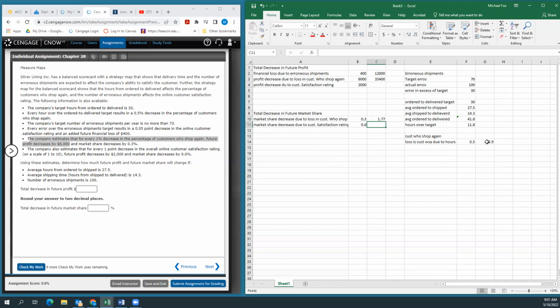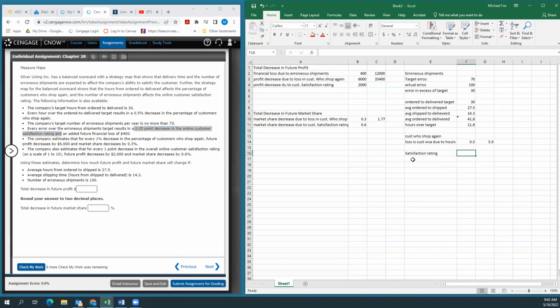All right, and then the satisfaction rating. So our satisfaction rating, let's see, looks like there's a 0.5% decrease in customer satisfaction rating for each erroneous shipment. And I think that's the only one.